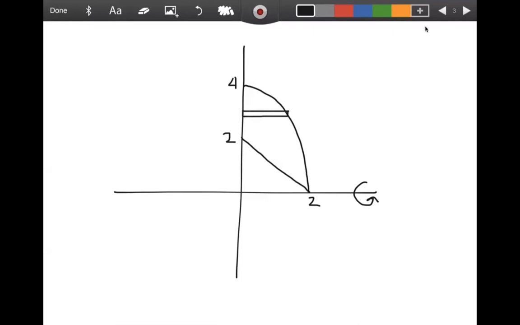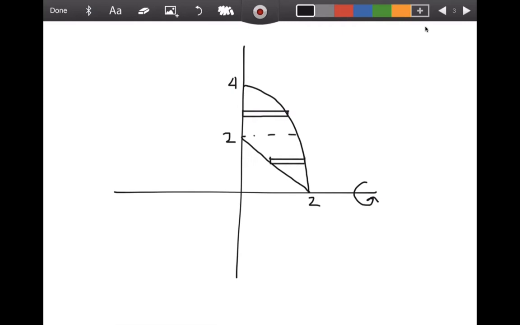So that's one thing. And then another thing, when I go to do the shell height, it is going to depend on which part of the region I'm in, okay? Because it goes by what curve is on the left and what curve is on the right. All right, so we're going to have to do this as two separate integrals.